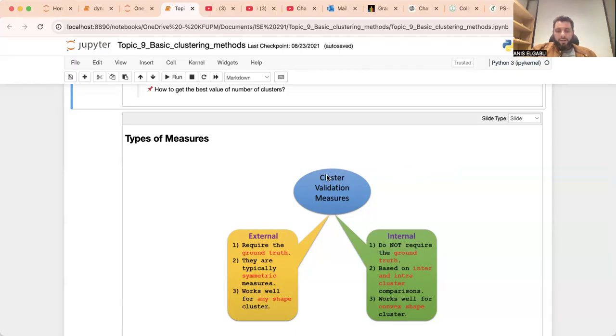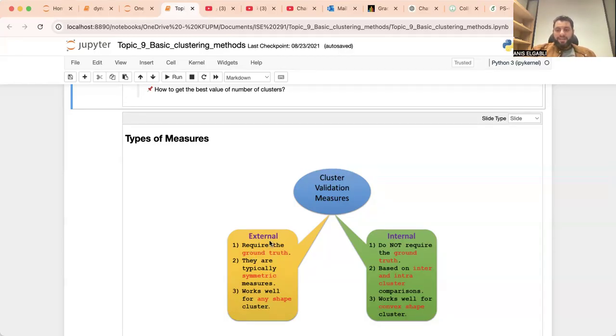So for clustering, to measure or validate our choice for the number of clusters, there are two categories of metrics: external and internal metrics. The external metrics require the ground truth, so they need to know the actual label.